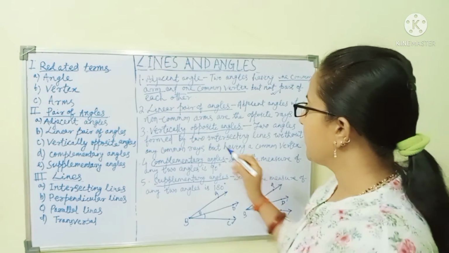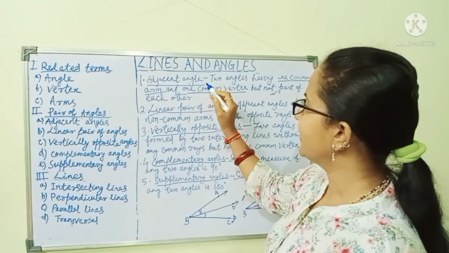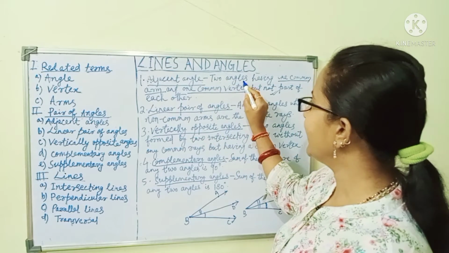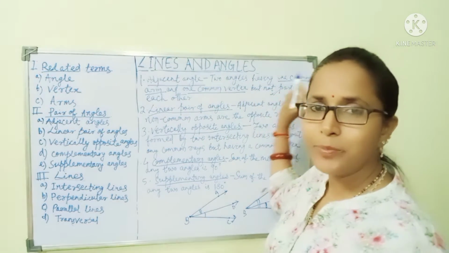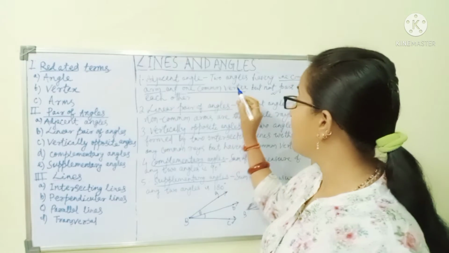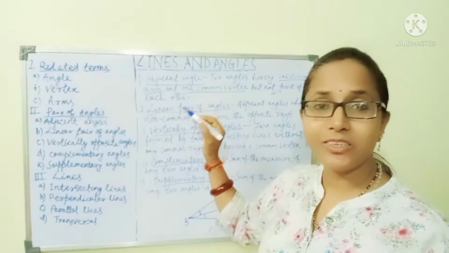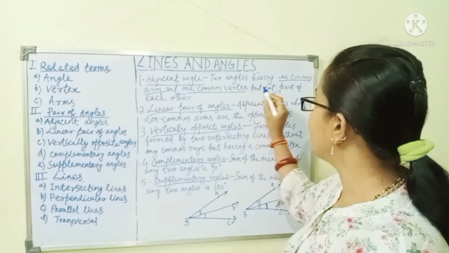Understood? Because the adjacent angle is nothing but two angles having one common arm and one common vertex, but they are not part of each other. That is very important.